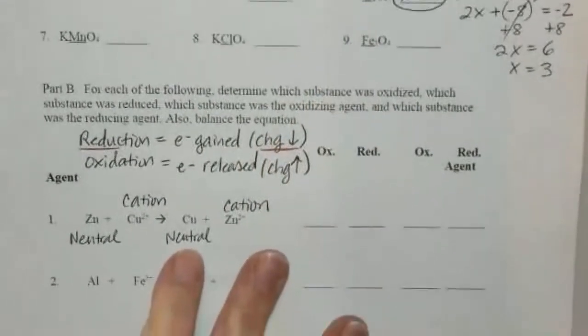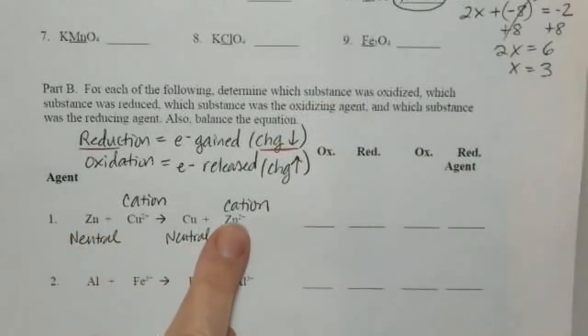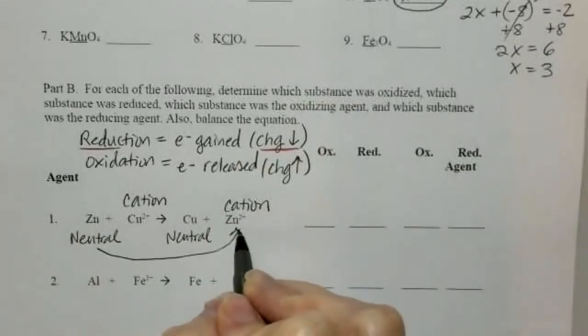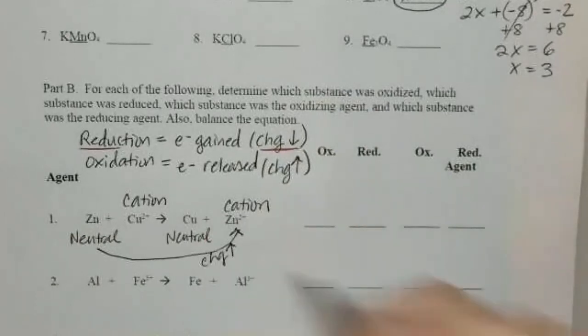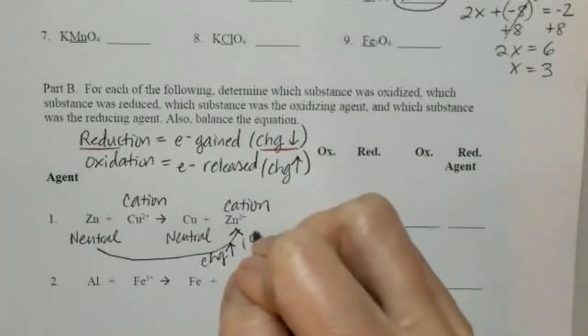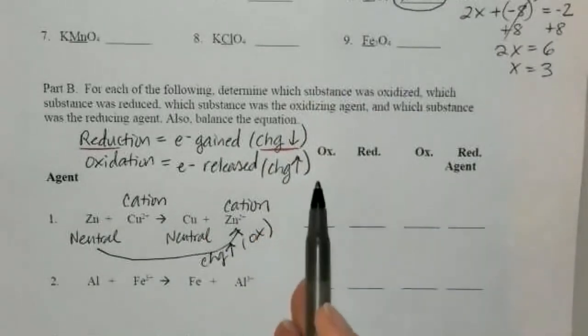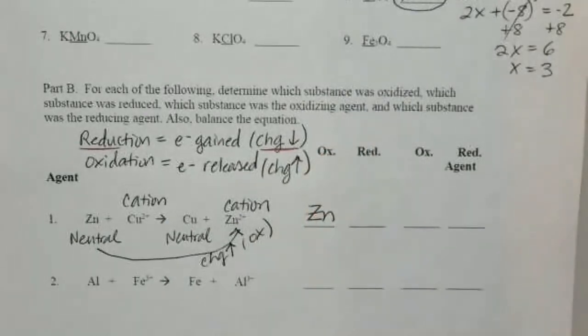So when I look at this first equation here, the zinc is turning into zinc +2. So what I can see from that is it's going from a 0 charge up to a +2. So that means the charge is going up, and that means that is the oxidation, that is what has been oxidized. So the element here that's been oxidized is the zinc. The zinc has been oxidized.